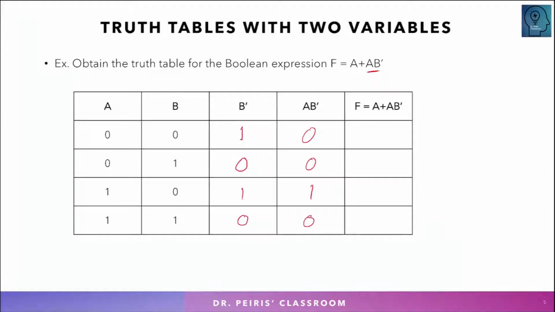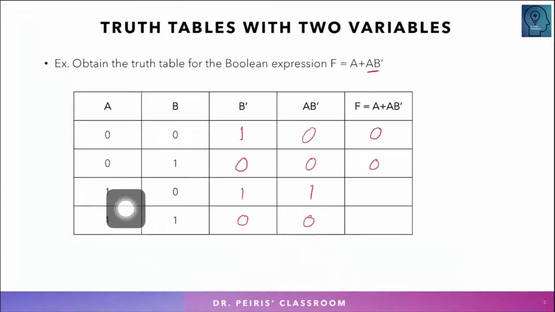Now the final expression is A OR AB prime, which means we need to do the OR operation between the column A and the column AB prime. This is a plus, which means the OR. In the OR gate, if at least one input is 1, the output is 1. For the first one, 0 0, the output is 0.